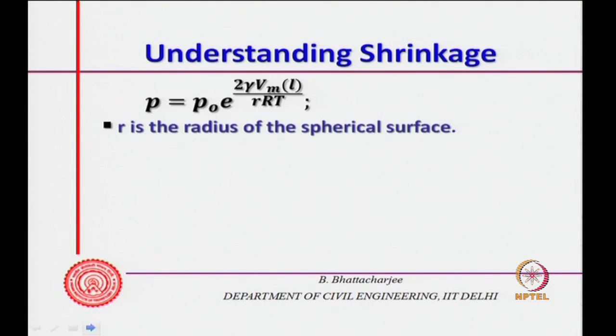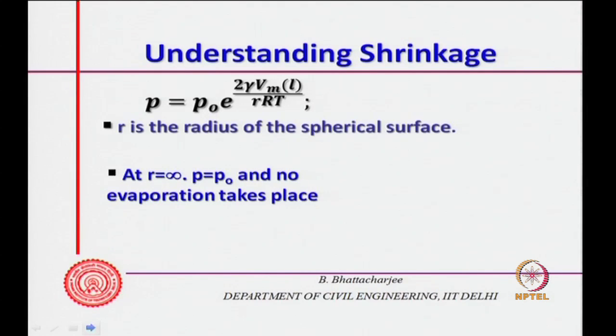So, r is the radius of the spherical surface, and when r equals infinity, P equals P 0. That means for a flat surface, P is equal to P 0, and under such a situation no evaporation will take place.